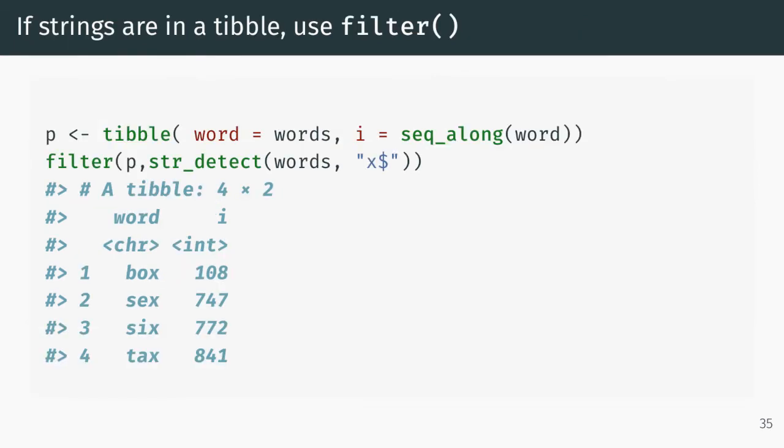Now, if we're going to place the strings into a data frame, or in particular a tibble, we're going to use filter with STR_detect. So here we're going to detect the words... sequence along word. Let's see.